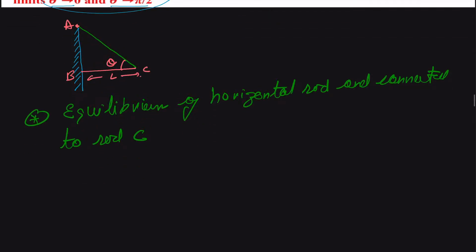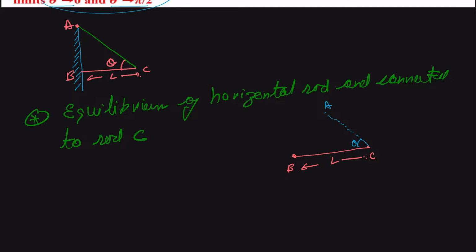So we are interested in this point B, and this is point C. Length is given to us as L, and this is coming from A towards C. Okay. And we are going to have this angle given as theta.